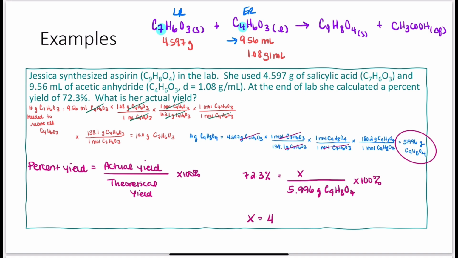And if you solve that out, you should get 4.34, just 3 sig figs to the 72.3, 4.34 grams C9H8O4, also known as acetylsalicylic acid, also known as aspirin. So kind of working your percent yield, just working it backwards.